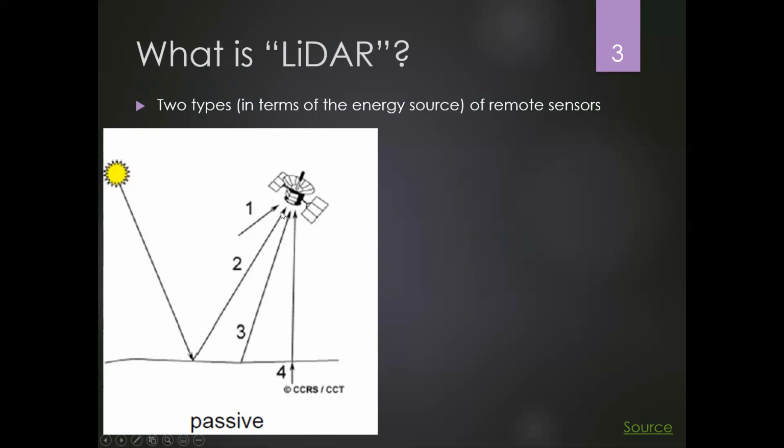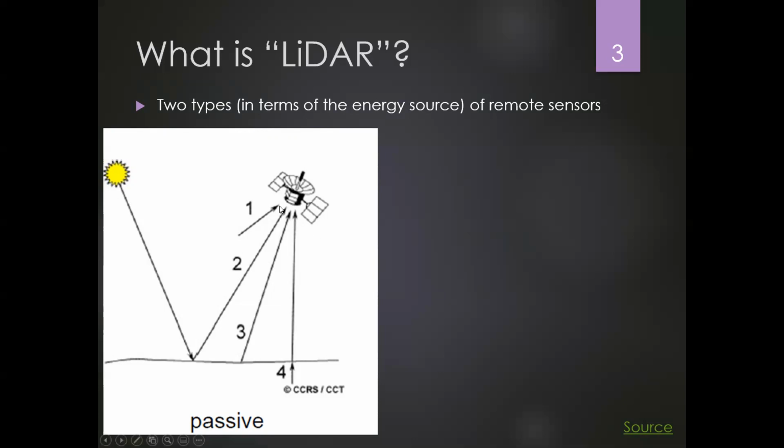And the reflected energy can be collected by remote sensors. When the energy is traveling from the sun to the surface of the Earth, it does not contain any information on the surface of the Earth. But when it is reflected by the surface of the Earth, it contains the information of the surface, for example, the reflectance of a tree or the reflectance of a roof.